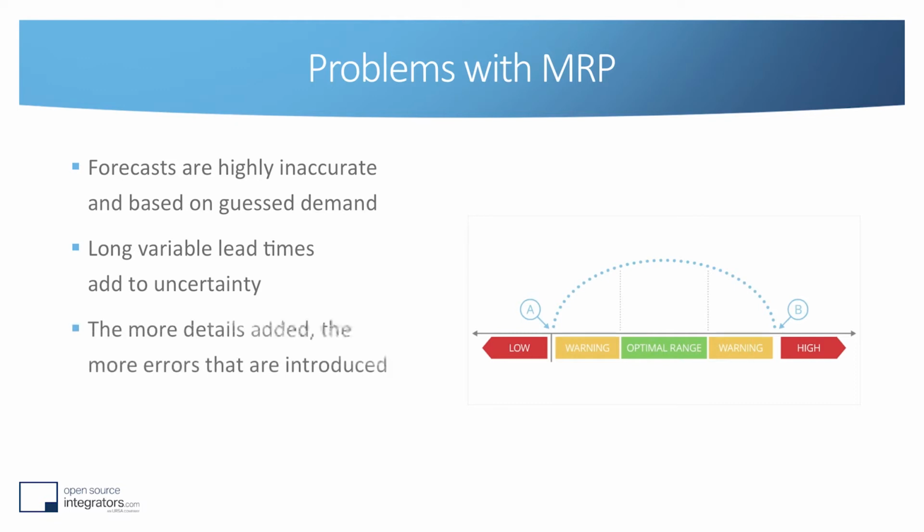The more details we want to have in this forecast, the more errors are introduced. And the MRP tries to connect every component, and the safety stock is static, so it's a fixed value and it doesn't adapt over time with the demand that companies may experience.